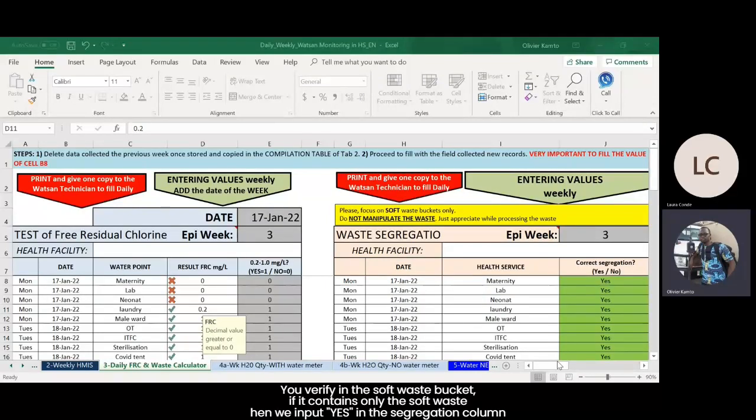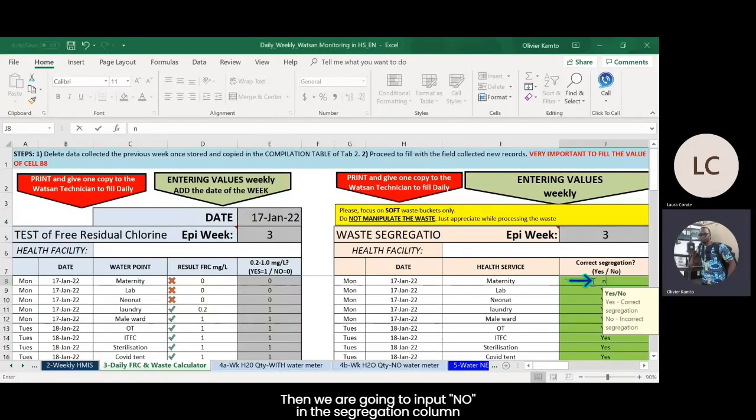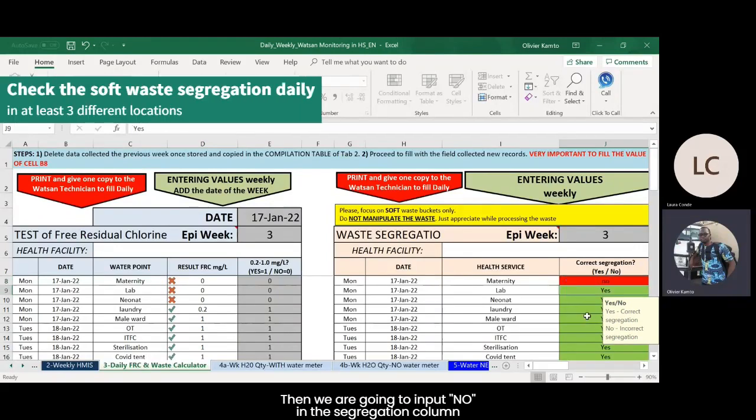If it contains only the soft waste, then we input yes in the segregation column. But if there is any doubt, if there is any mixture, for example, there is a vial, there is a syringe or an organic banana peel, then we are going to input no in the segregation column.